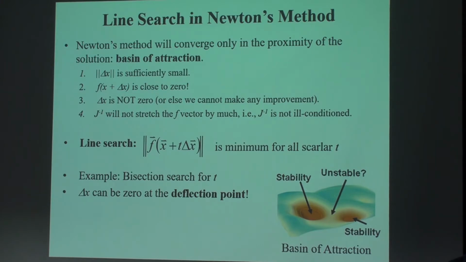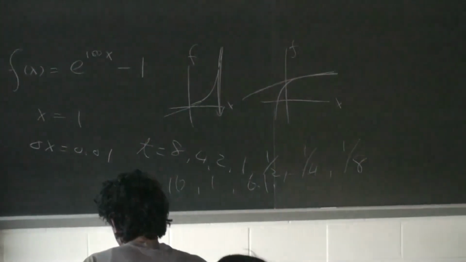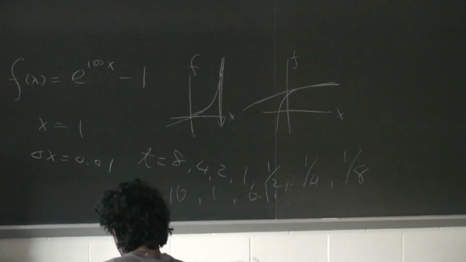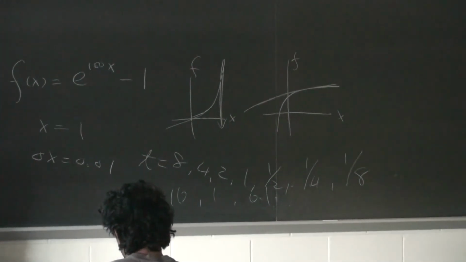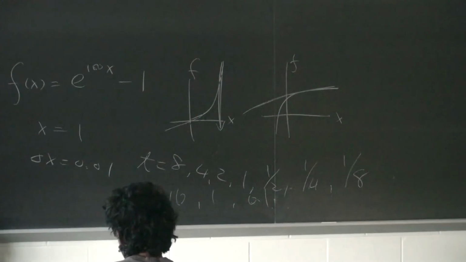You take whichever is the most improvement. You compare the residual value. I'm solving f(x) equal to 0, so whichever T gives you the largest reduction, or closer to 0 residual vector, you take that T. Same thing in an optimization problem: you take the T that gives you the smallest objective function. Same method.